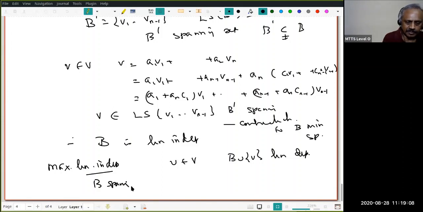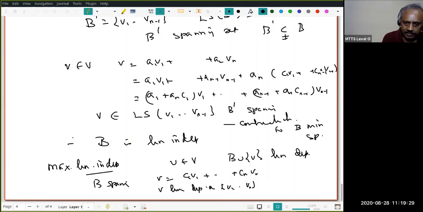By assumption, it's a minimal spanning set, therefore it's a spanning set. Therefore, v already is a linear combination of v1 to vn. Right? What does this say? V is linearly dependent on v1 to vn.